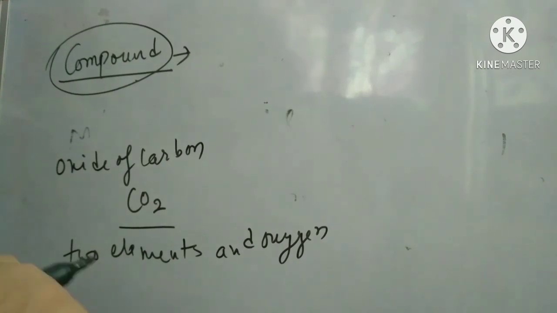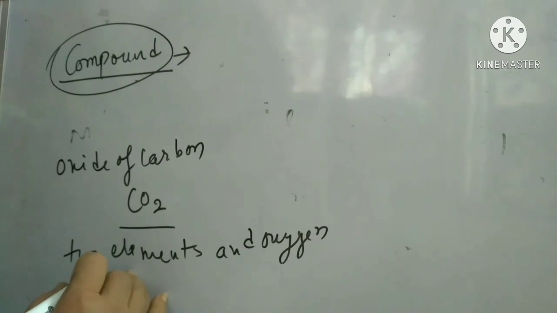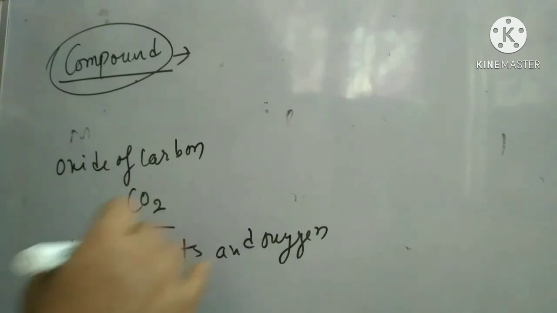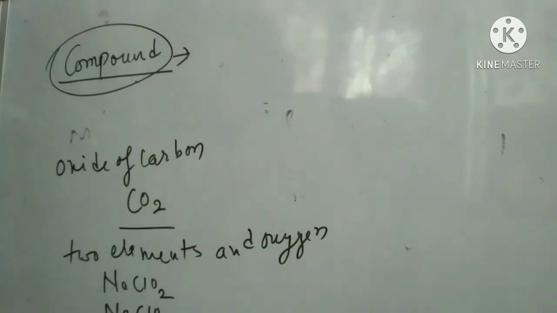Oxygen is written after it, and then oxygen is named with suffix ate or ite. For example, sodium chlorite, NaClO2. And sodium chlorate, NaClO3. So in this way, these compounds are named.